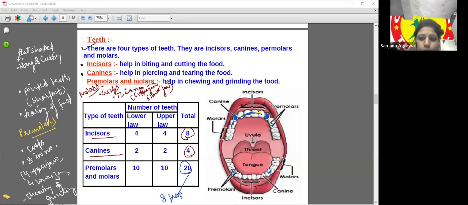Third point, they are also used for chewing and grinding the food. Noted this much?